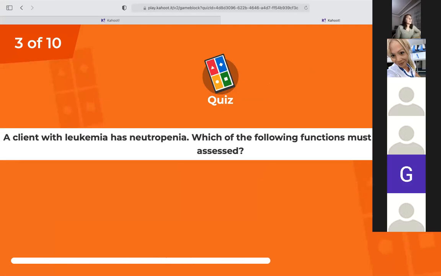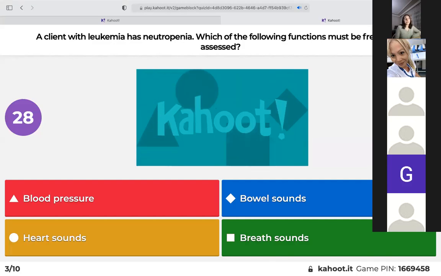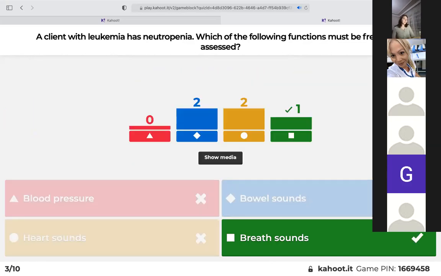A client with leukemia has neutropenia. Which of the following functions must be frequently assessed? Bowel sounds is our answer.